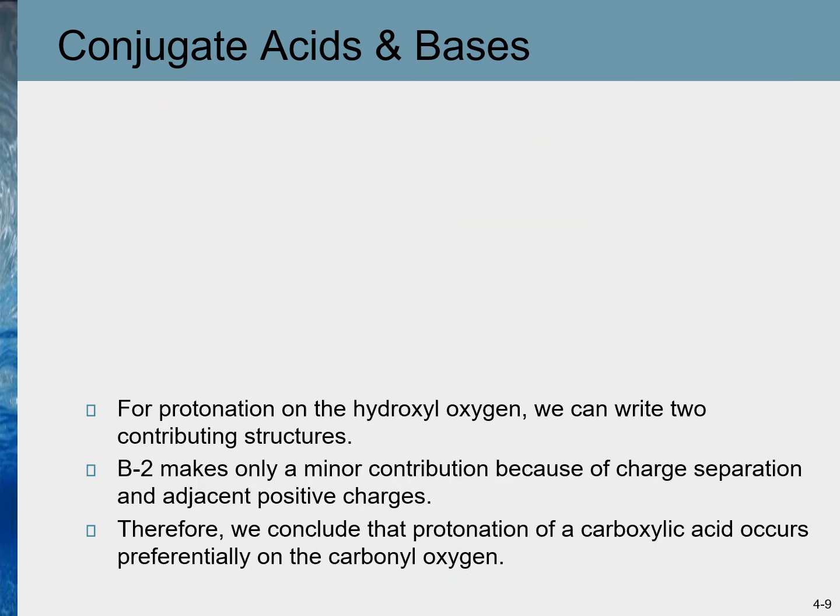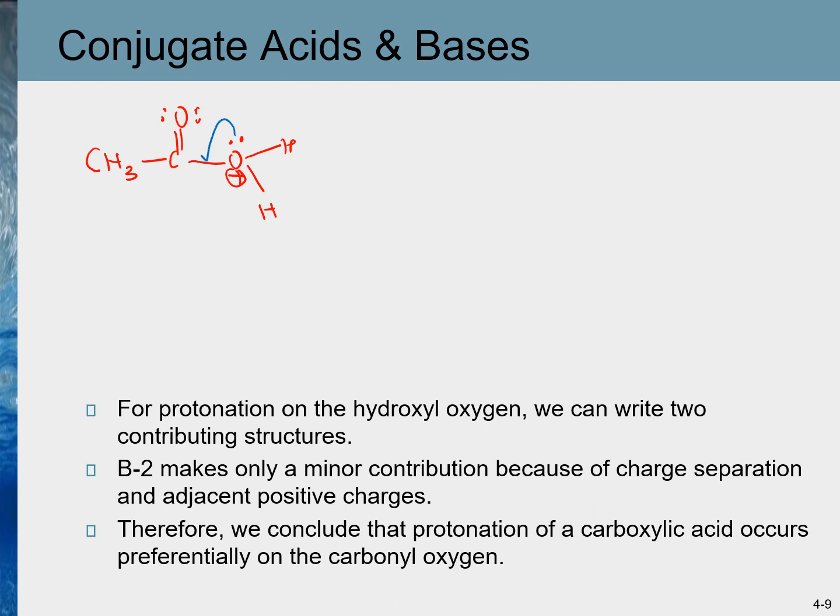Now let's take a look at species B. As we remember, in the case of product B, the positive charge was on the hydroxyl oxygen, and this oxygen was connected to two protons. Now in this case, we can write one and only one resonance structure.